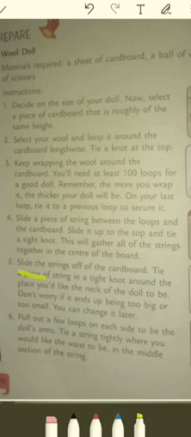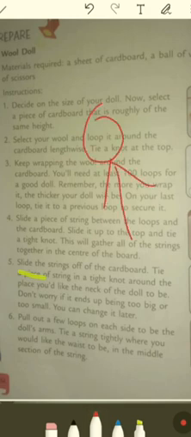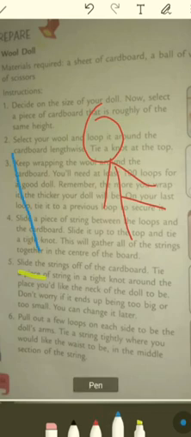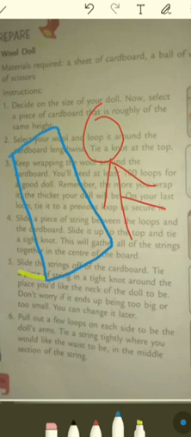Now select a piece of cardboard that is roughly the same height. Let's say this much. If this is the size of your doll, the size of the cardboard should also be equal to the height of this doll.